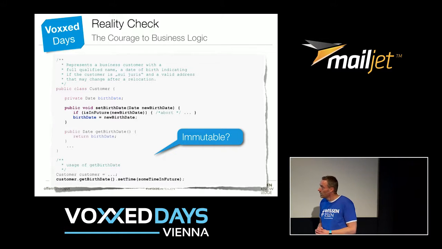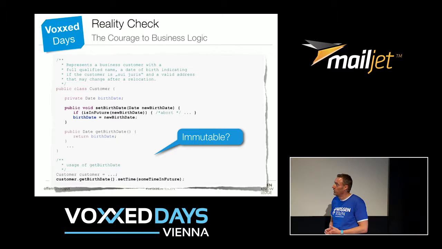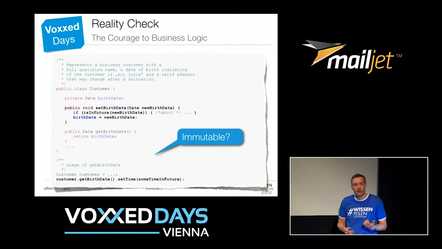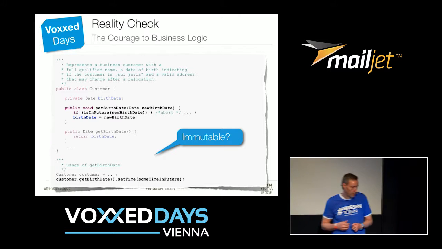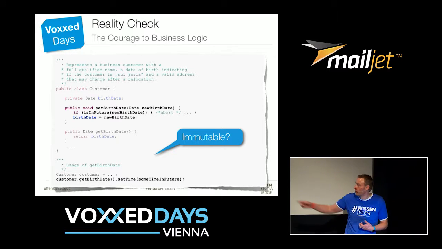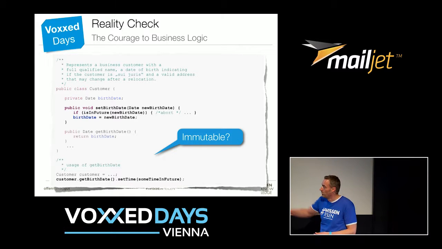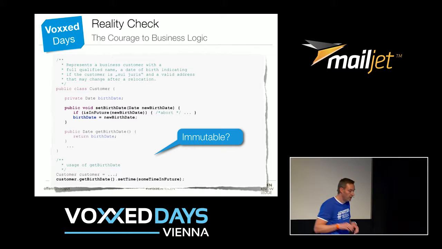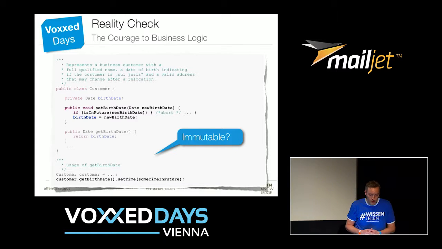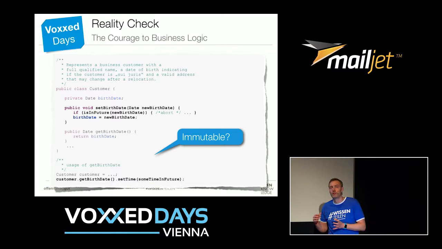So there's kind of validation, but because the date is mutable, I can get the date via get birth date and then manipulate it, as you see on the bottom of the slide. So this is a kind of hidden setter, which I totally have to avoid if I want to assure that my model is always in the correct state.